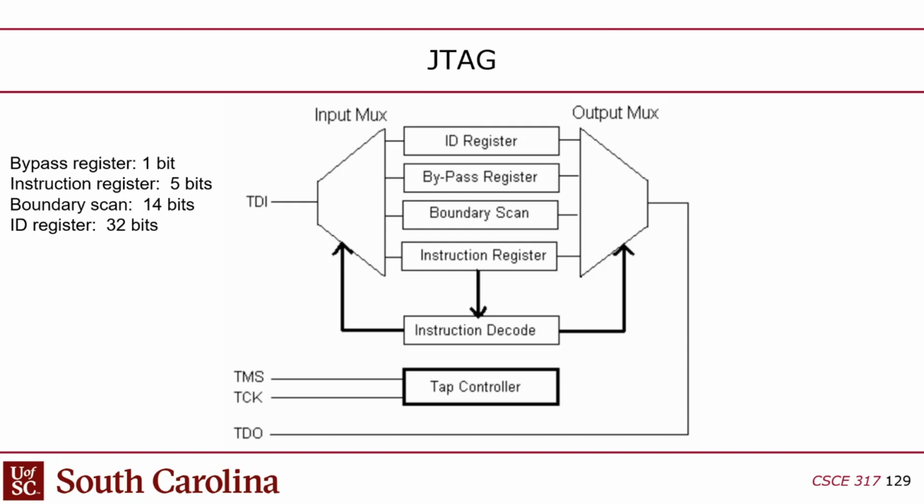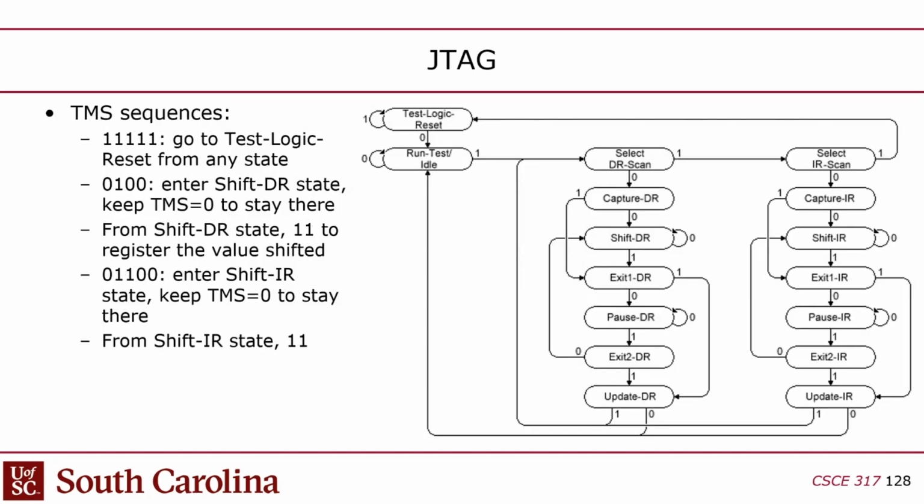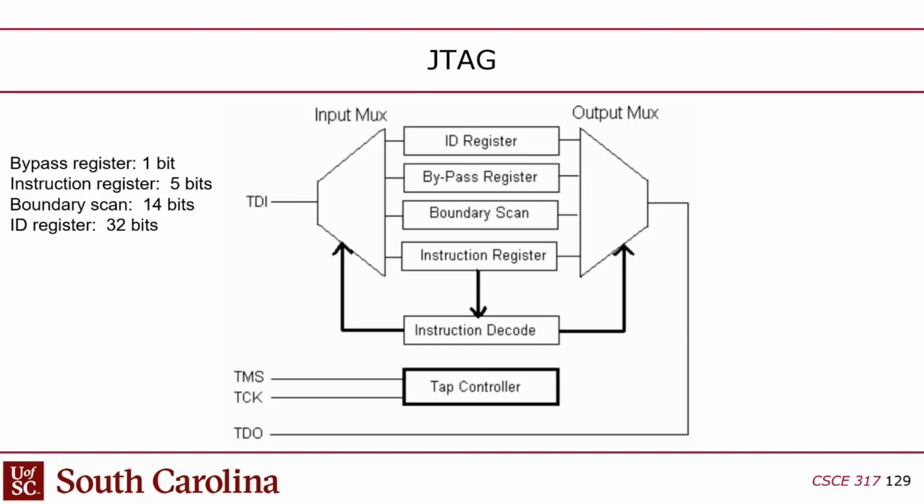Okay, so that's the idea, and you could think of it like the instruction decoder is what sets these muxes. So you go into the instruction decode, or the instruction read, what is it called? You put them in this shift IR state, and you cycle bits through. And every one of them is going to get a different instruction, which is then going to set these muxes.